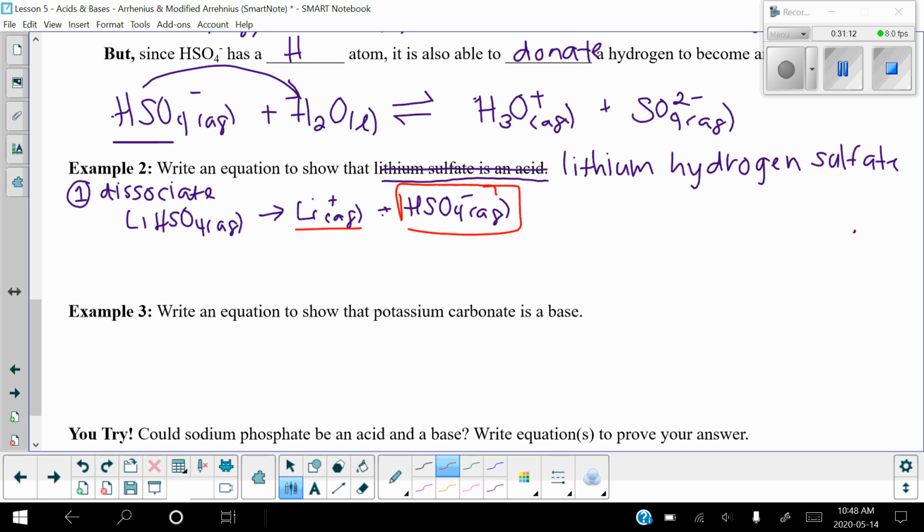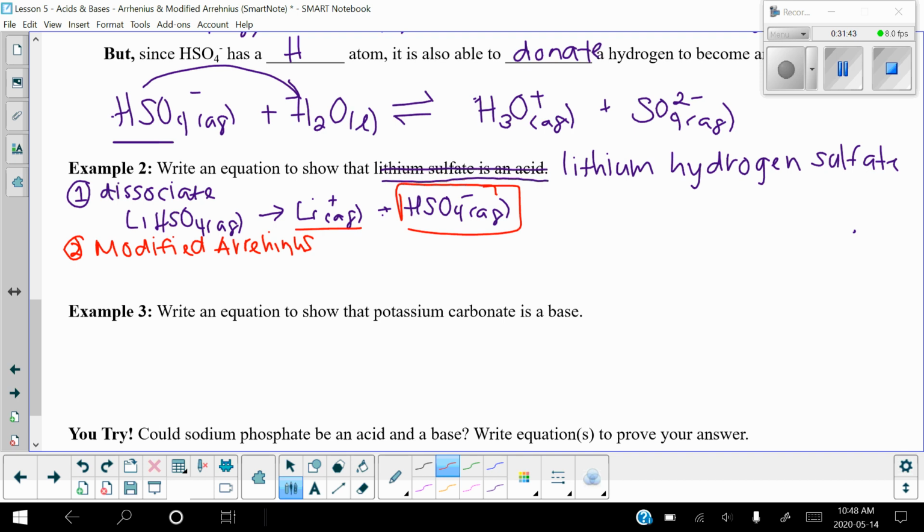Then you're going to take your hydrogen sulfate and write a modified Arrhenius. Now we're trying to prove, oh, that is done very badly. Modified Arrhenius. So we need to prove that this is behaving like an acid.